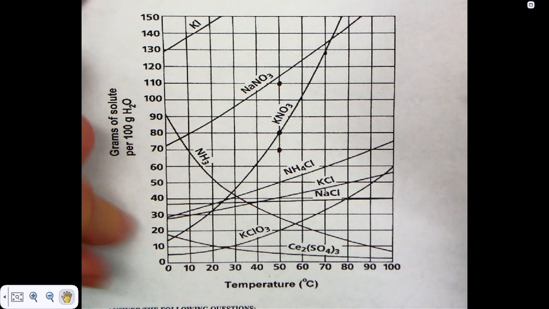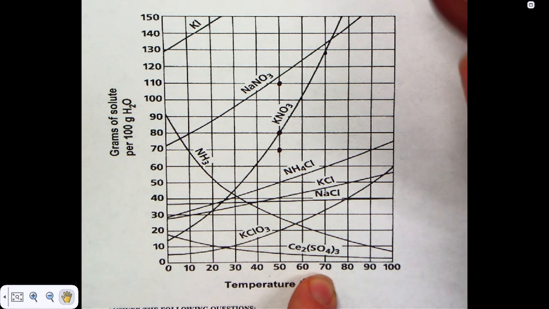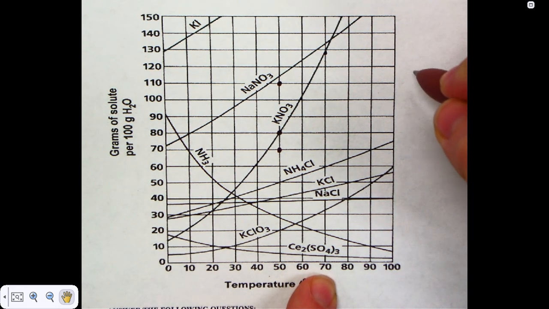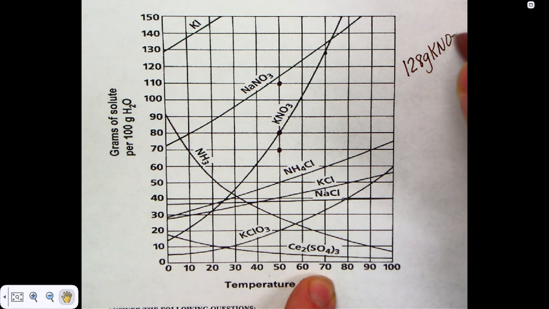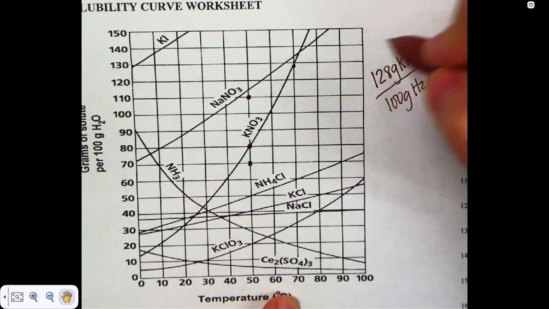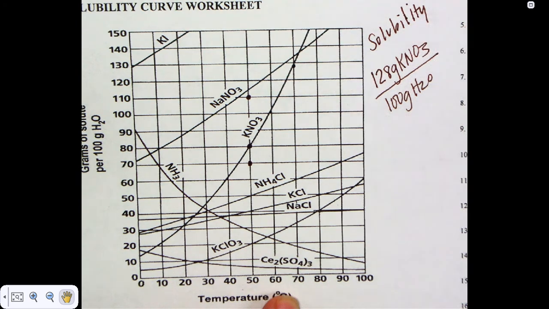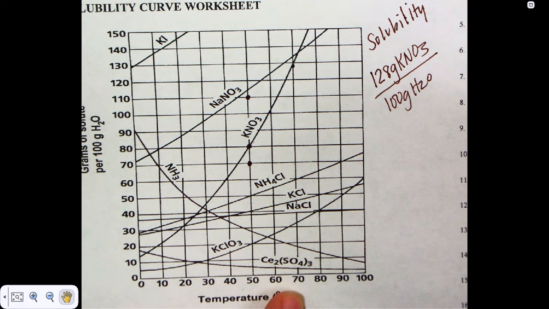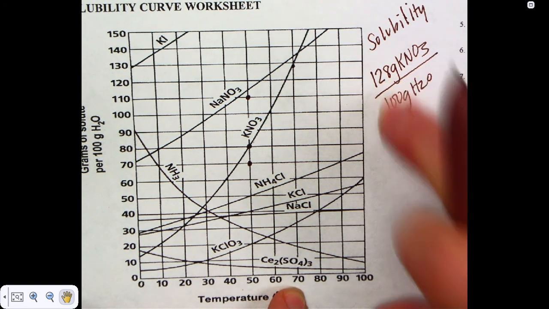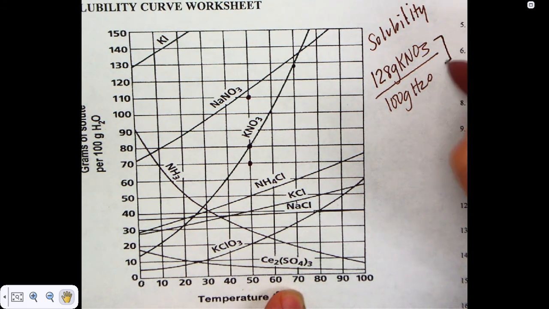So I could say that at 70 degrees Celsius, the solubility of KNO3 is 128 grams of KNO3 per 100 grams of H2O. That's what I would write if I was asked for the solubility. If I was just asked for how many grams would dissolve at that temperature, I could just say 128. But if it's asked for specifically solubility, I have to have both parts to get credit.